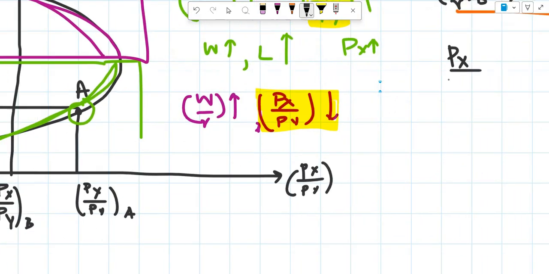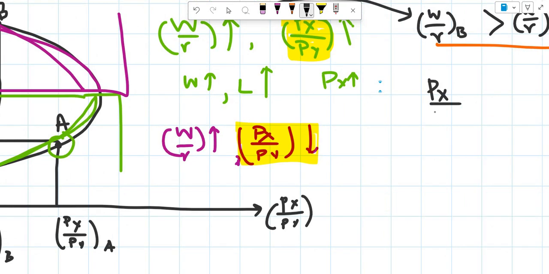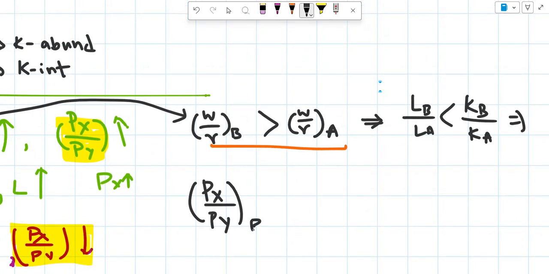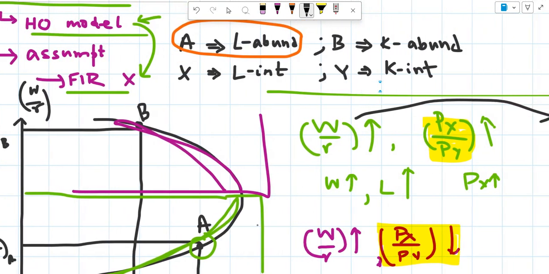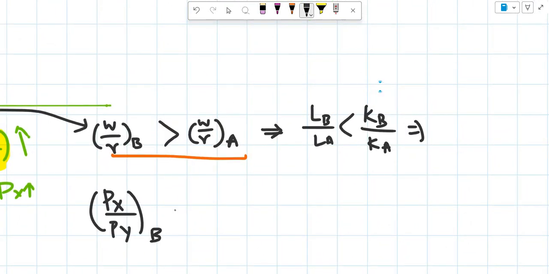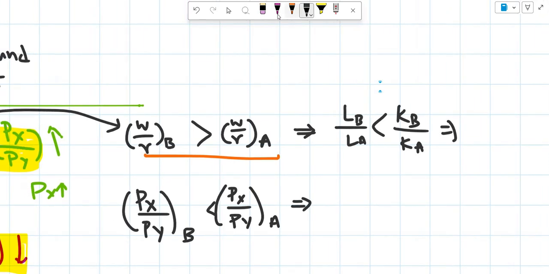Px by Py for B is less than Px by Py for A. Px by Py for B is less than Px by Py for A. Right. Let's see if that is also relevant with what we are learning.